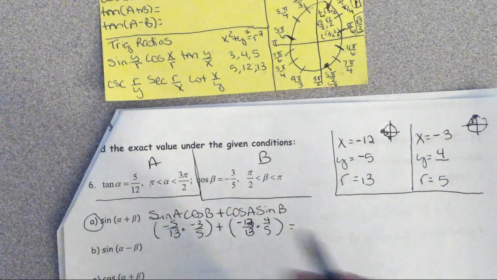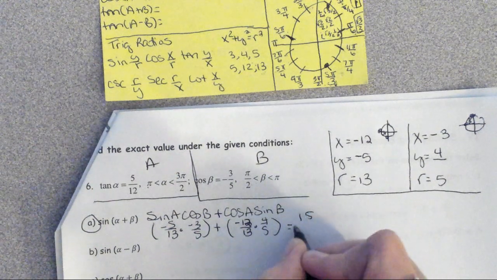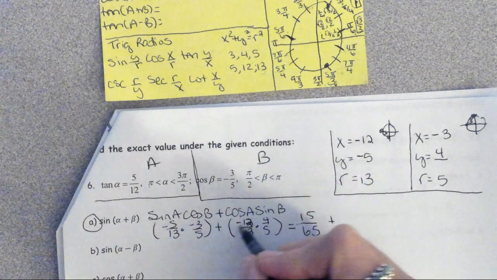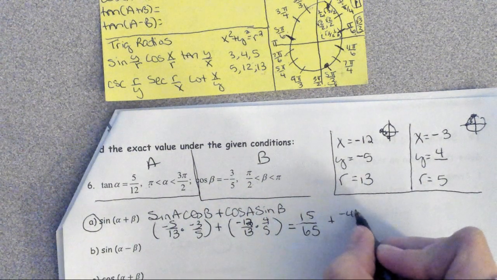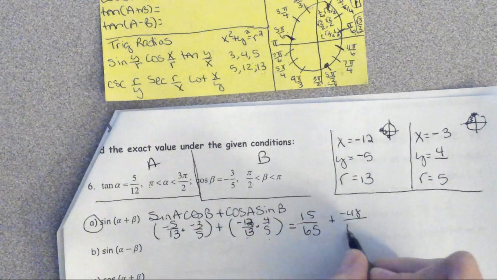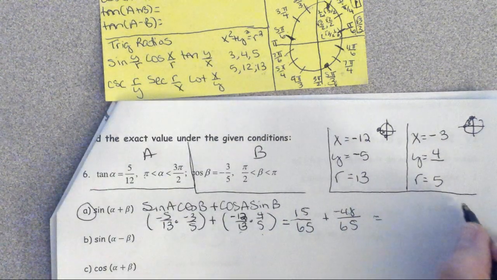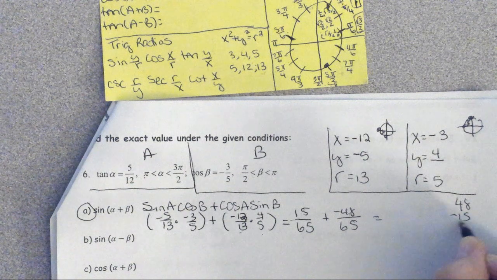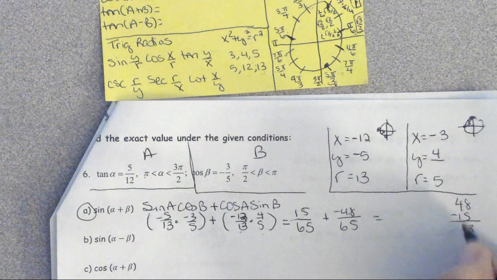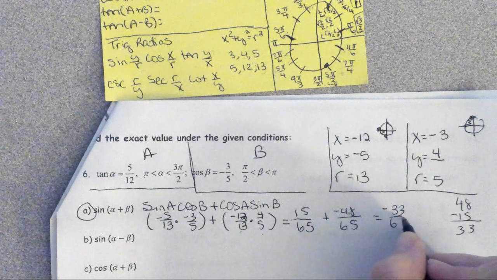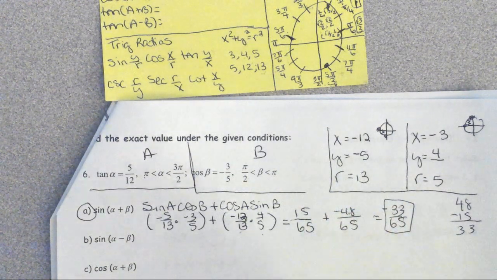So if I multiply top times top, I get 15. Bottom times bottom, 65. Plus top times top is negative 48. Bottom times bottom is 65. So I have 48, take away 15, so I'm going to subtract. And I have more negatives, so it's negative 33 over 65.